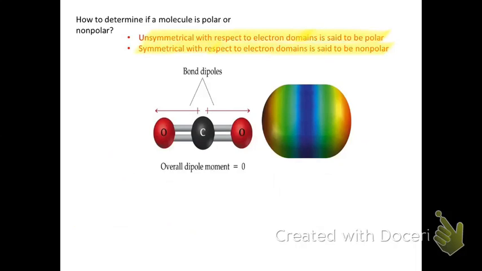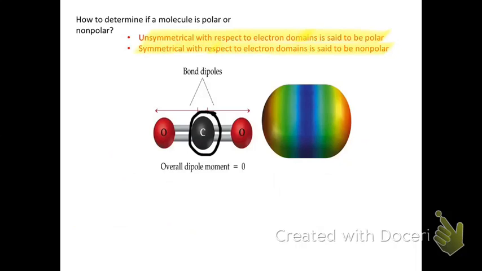So the first example is carbon dioxide. Now, if you look at carbon dioxide, carbon is our central atom, and there are 2 electron domains bonded to our central atom, and they are bonding domains. Are they the same? Yes. You have oxygen double bonded to carbon on both of those domains, so it is symmetrical.